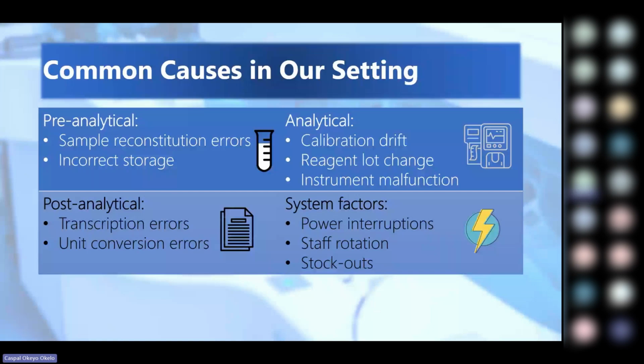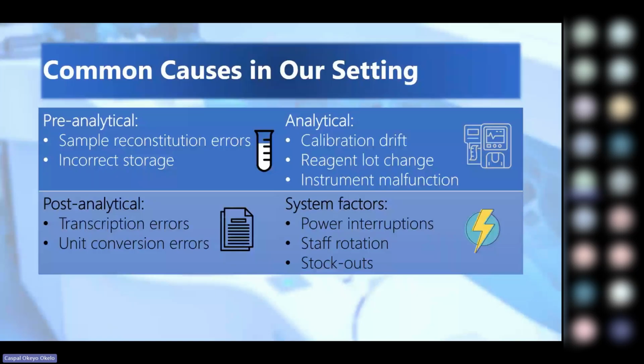Now, let's talk honestly about contextual challenges. These are the system factors that cause EQA failures. In many laboratories, especially in resource-constrained settings, we will face power interruptions that often affect analyzer stability. There's delayed maintenance due to service contract limitations.